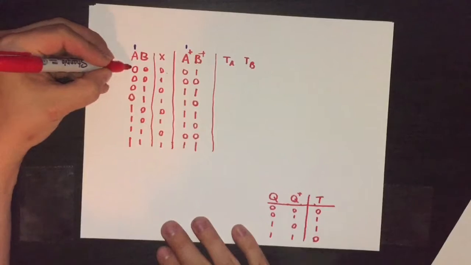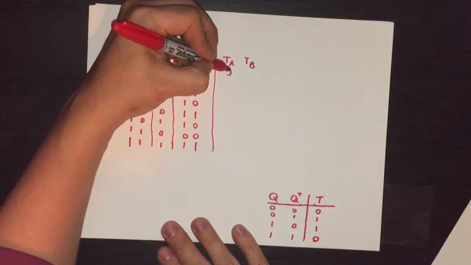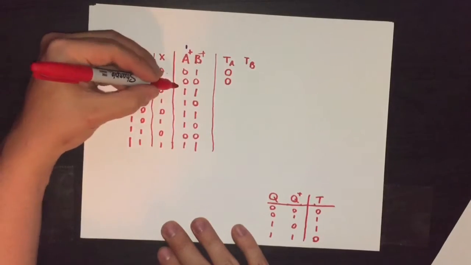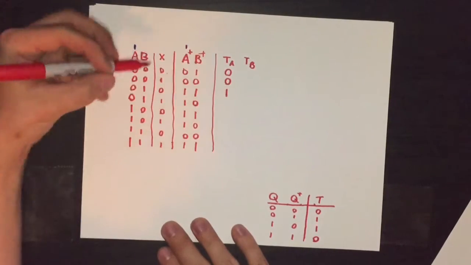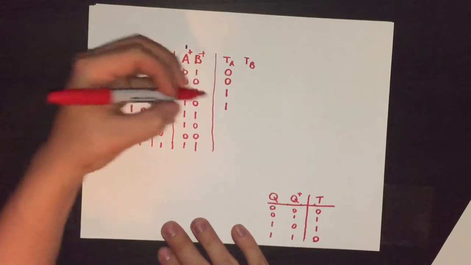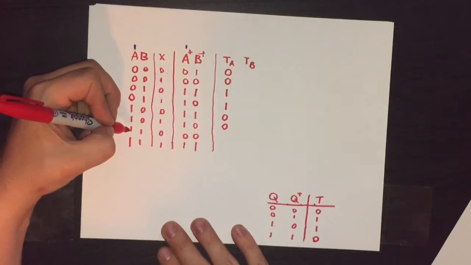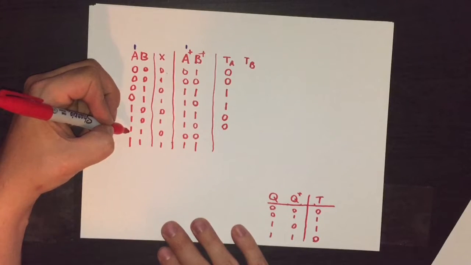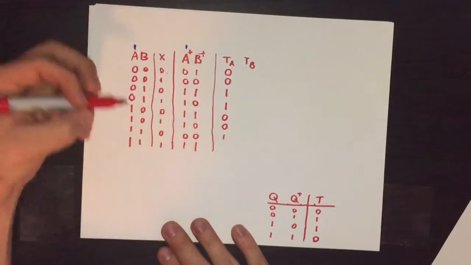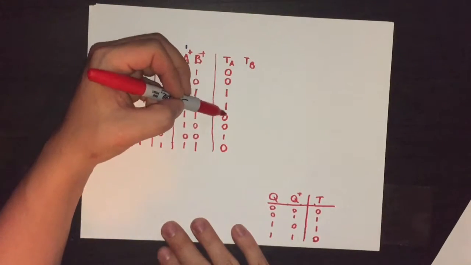So 0 to 0, we look at our excitation table, 0 to 0 gives us 0. And then you just keep going, 0, 0, 0, 0, 1, 1, 1, 1, 0. 1 to 1 gives us 0, 1 to 0 gives us a 1, 1 to 1, 0. Alright, 0, 0, 1, 1, 0, 0.